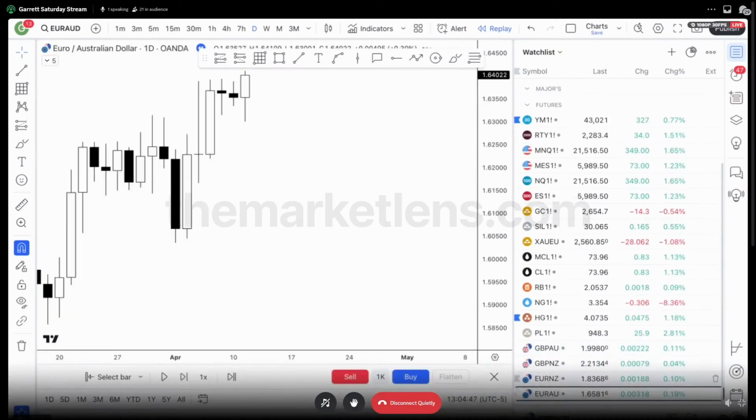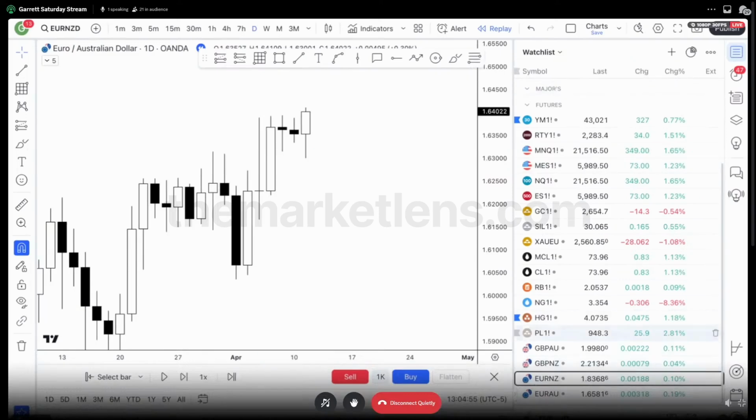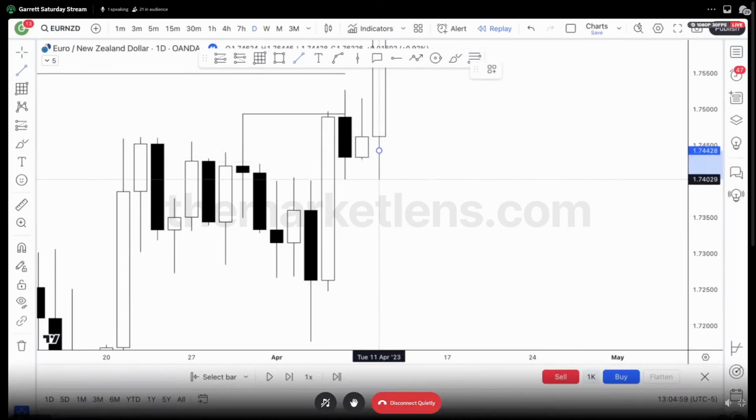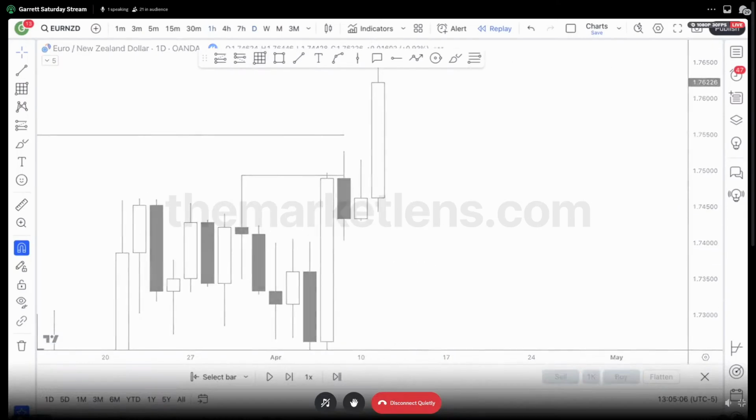This here. Yeah, so see this? This same thing, right? Expansion, consolidation, but here we are manipulating. So really, you can trade this right here. You have to view it like this, right? Because it's an SMT.